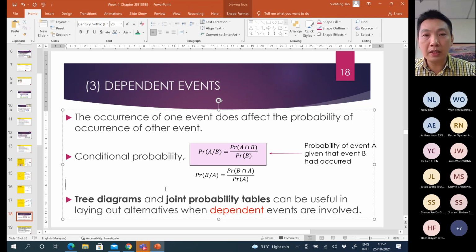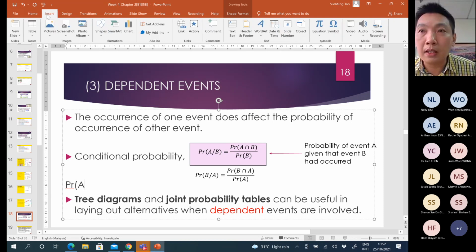Even though the sequence may look slightly different, no matter whether it's an independent, dependent, or mutually exclusive question, A intersect B has the same meaning as B intersect A.